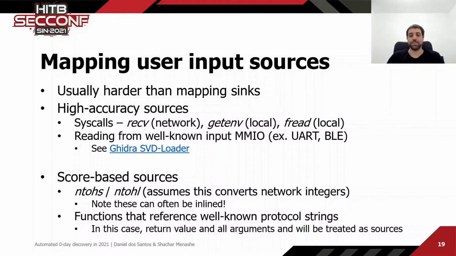For example, something that we use a lot is ntohs and ntohl, network to host short or network to host long. These operations usually indicate that there's input coming from the network, and the program wants to convert it before it actually uses it, so integers.